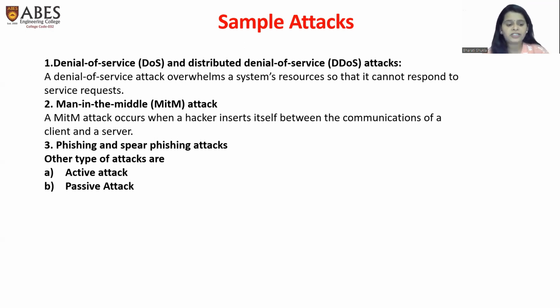So basically, what is an active attack and what is a passive attack? An active attack is introduced when an intruder initiates a command to disrupt the network's normal operation. Traffic analysis is the best example of an active attack. And a passive attack is when a network intruder intercepts data traveling through the network, like a modification.